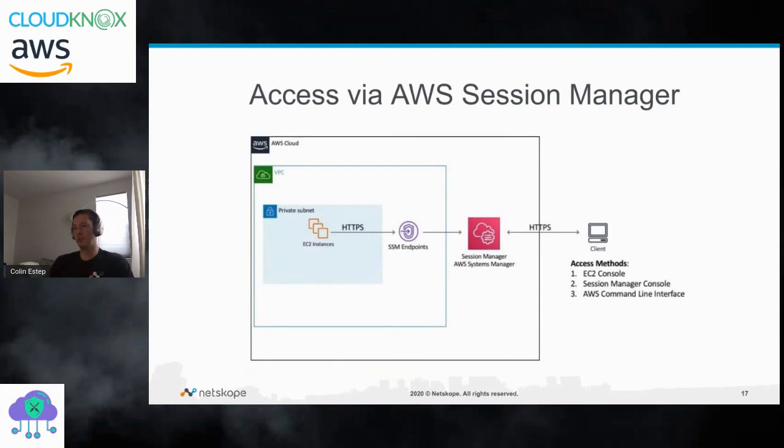But for the sake of this presentation, I'm just going to walk through the scenario so you get a high-level view of it. In this scenario, I've got a bunch of EC2 instances in a private subnet in a VPC. That means these EC2 instances are not exposed to the internet, at least for any sort of workload purposes. And I want to keep it that way, especially for this access.